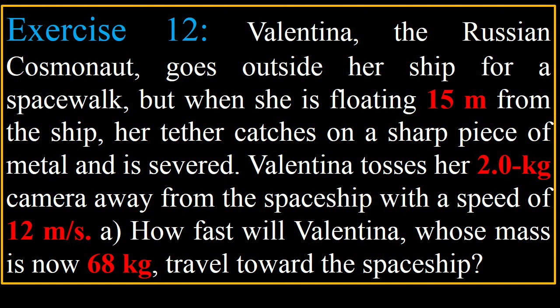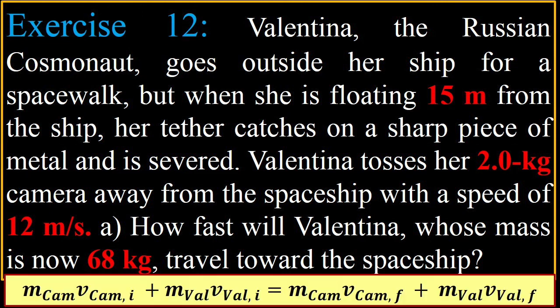So this is Newton's third law. Valentina wants to go towards the ship, so she's going to throw the camera away from the ship. She pushes on the camera, the camera pushes on her. The camera will go one way, she'll go the other way, back to the ship. So this is the conservation of momentum of the camera and Valentina, initial and final.